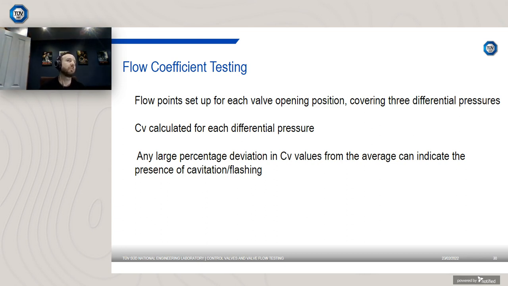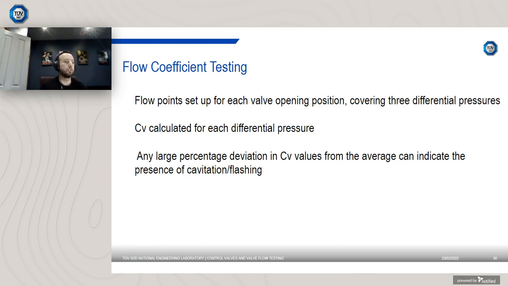If one of these points deviates from the average, it indicates that you might have cavitation within the pipe. In that instance, you can increase the inlet pressure. You want to have as high an inlet pressure as possible to suppress cavitation.